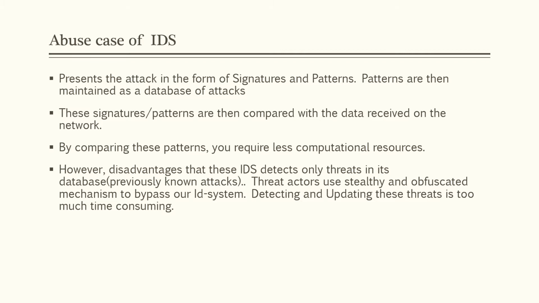By this, we require less computational resources. The disadvantage is that we can only detect present-day attacks, but attacks like low and slow attacks, zero-day attacks, and different unclear and obfuscated attacks cannot be detected by the IDS. Updating is also time consuming, as when we unravel a new pattern, it takes time to enter this pattern into our database.